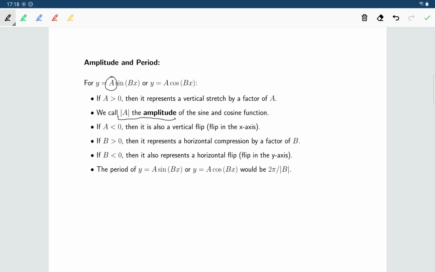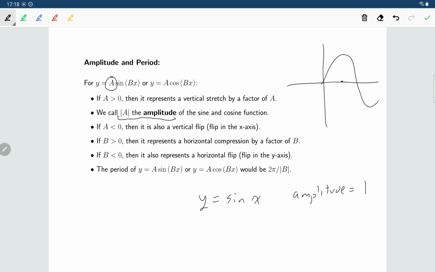So for y = sin(x), you would say that the amplitude would be positive 1. And if you're thinking, what does that represent? The amplitude represents the distance from the middle of that trig graph to the maximum value that it has, which is 1 unit. If you have a number in front, that's going to stretch your graph vertically, which of course is going to increase your amplitude.